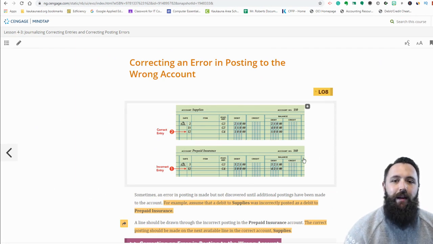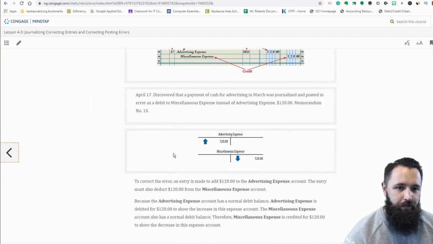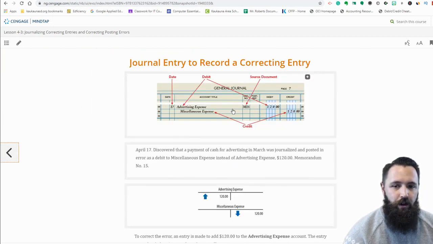Next, it says correcting an error in posting to the wrong account. So now if we've actually posted to the wrong account, if we look over here, right? And this is in our general journal, right? So we would record another journal entry to change it.